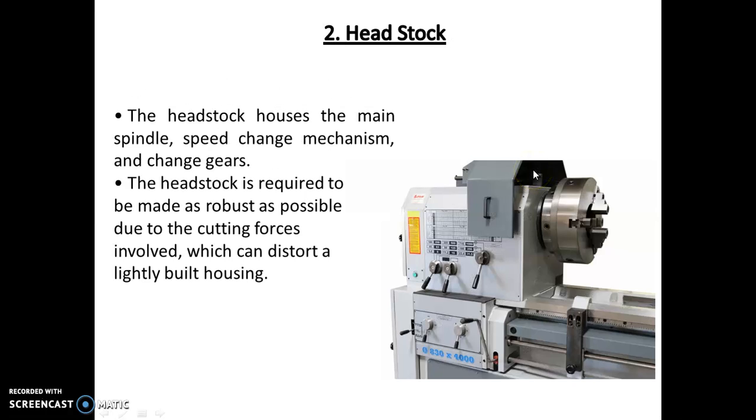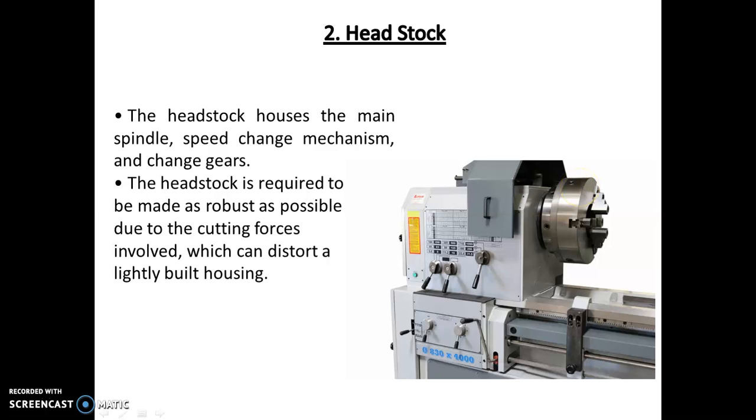Next is the headstock. It supports the main spindle in the bearing and aligns it properly. It also houses the necessary transmission mechanism with speed changing levers to obtain different speeds.